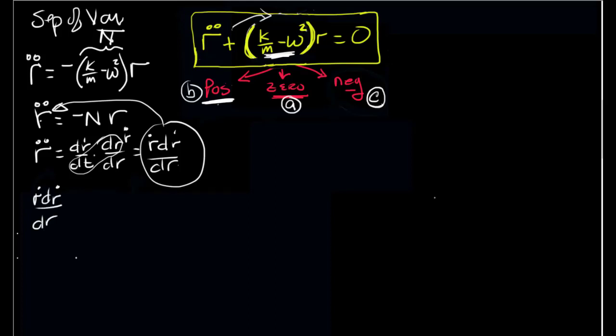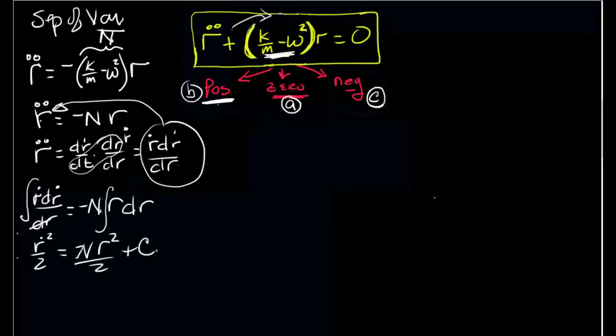If we substitute that into here, we will get r dot d r dot is minus n r dr, and we can multiply across by dr, and this is integratable. We'll get r dot squared over 2 is minus n r squared over 2 plus c, a constant of integration. To find that, we look at our boundary conditions, which are that at r equal to r0, r dot was 0.